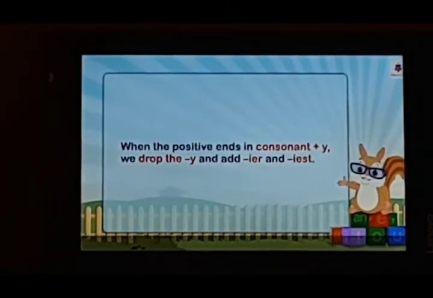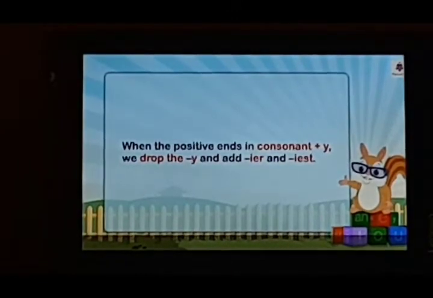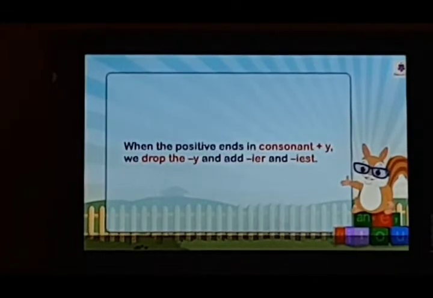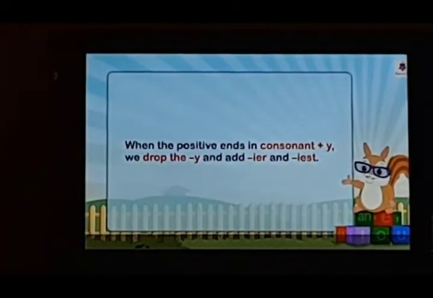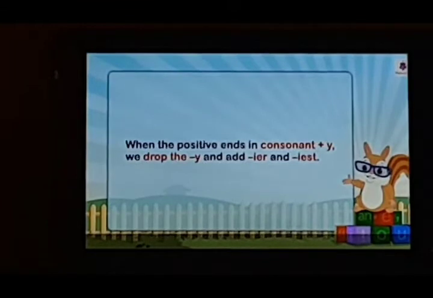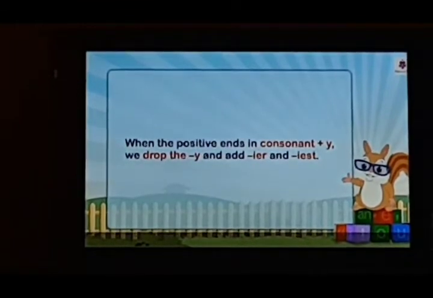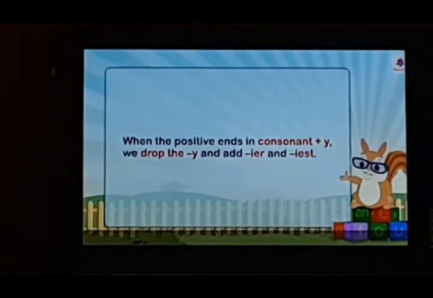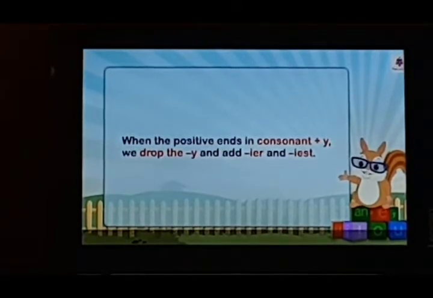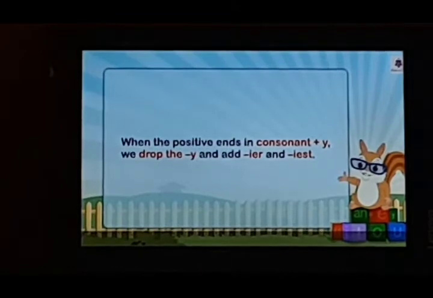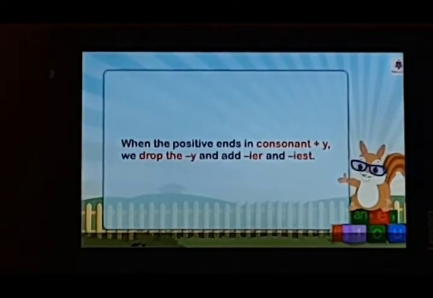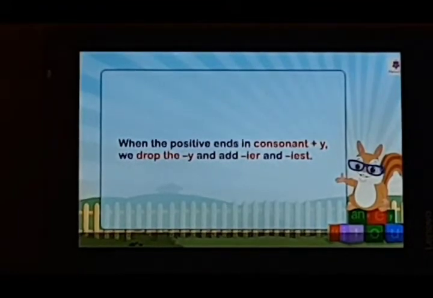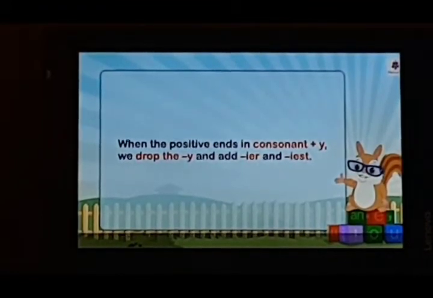Before Y, we have a vowel. So how do we change it? The Y doesn't get changed into I, it remains Y. So it becomes gayer, G-A-Y-E-R, and gayest, G-A-Y-E-S-T. So remember this, if the word ends with Y and has a consonant before that, it changes into I-E-R.